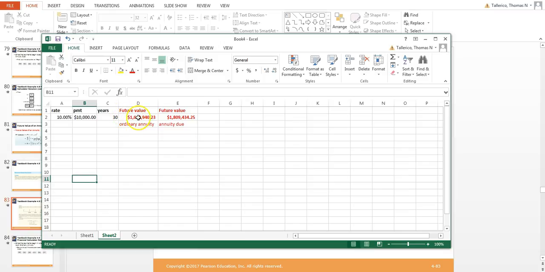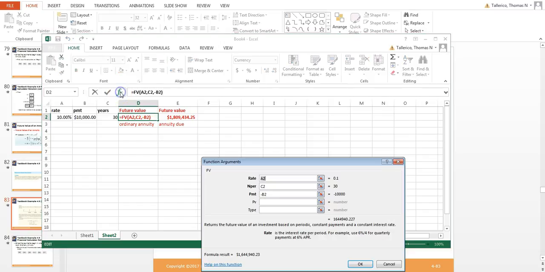And if I go into this box right here, and I click on f of x, you can see all I had to do, no equations involved, was just put the 3 cells where I had my values in, and I made the payment minus, right, because it's coming out of your pocket, as you remember, and the answer came out to roughly $1.65 million right here, as you can see.